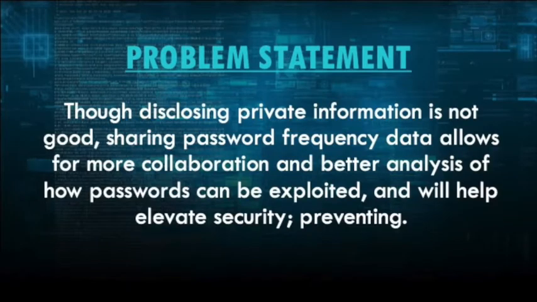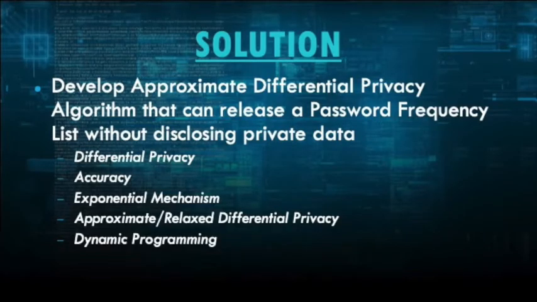Now that we have explored how a password frequency list works, how it can be effectively administered by a local security department, and how it is effective in preventing security breaches, we will look into this solution. We will solve for how to develop an approximate differentially private algorithm that can allow the disbursement of frequency password lists.